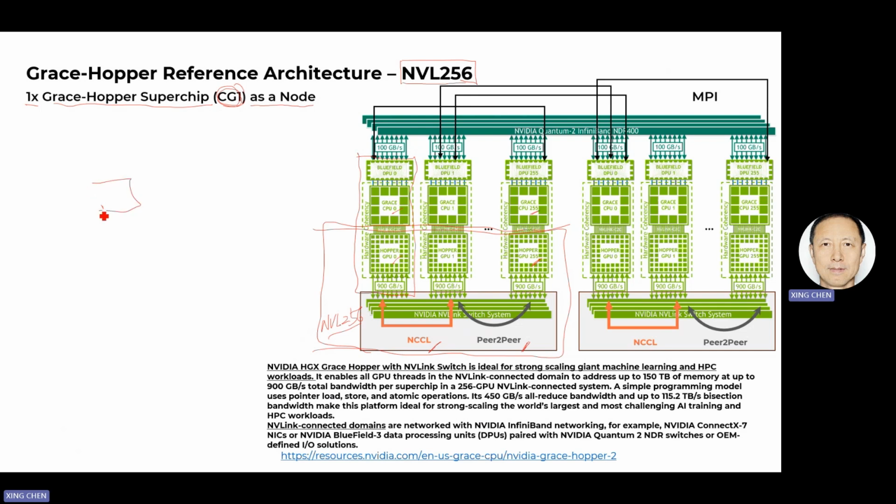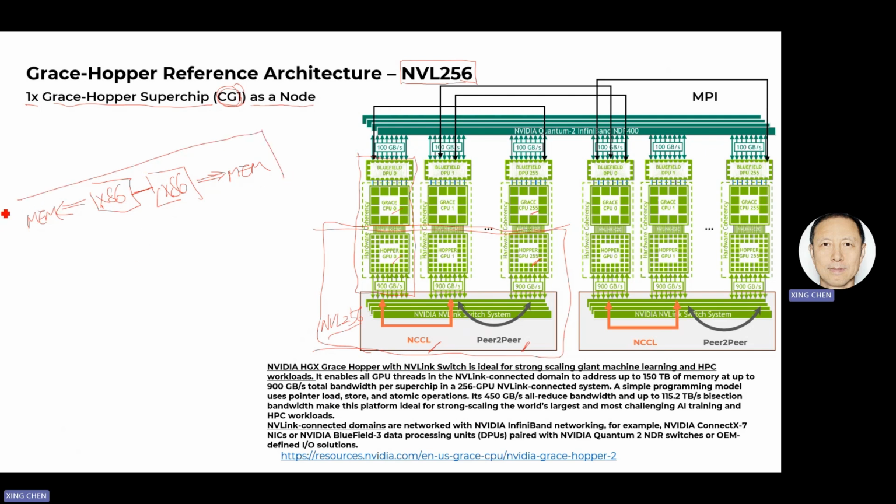If you have a server with x86, you are going to connect to the memory, and the CPUs are going to be interconnected with each other. This is a node.